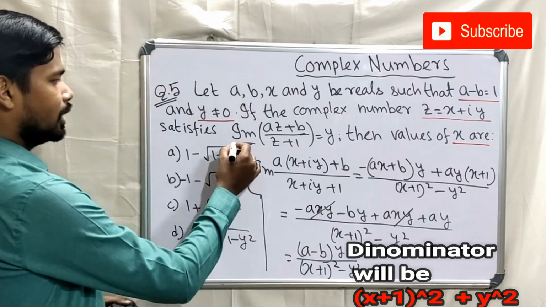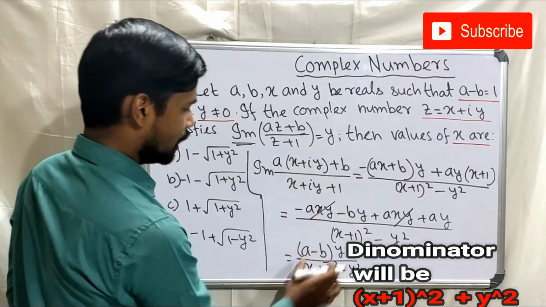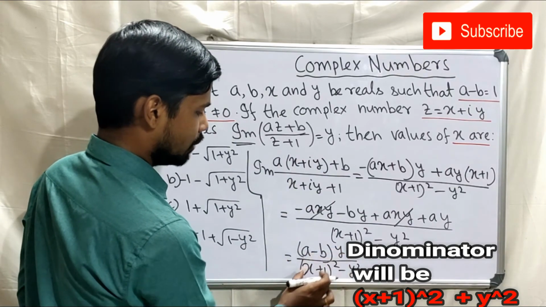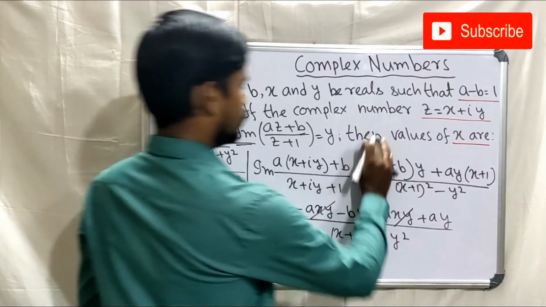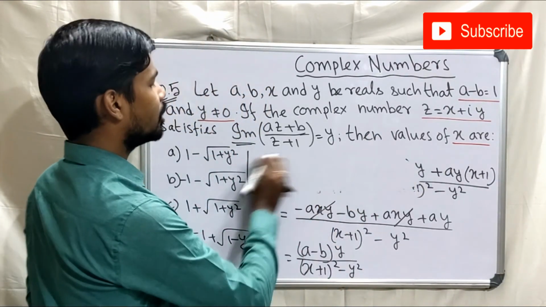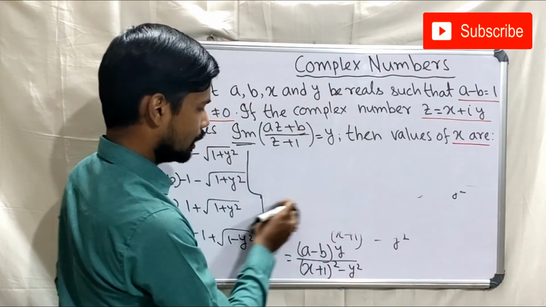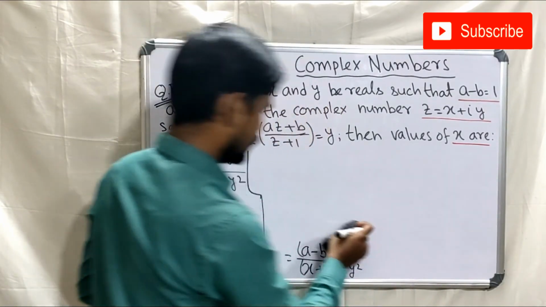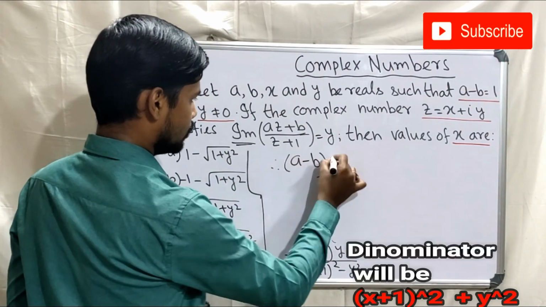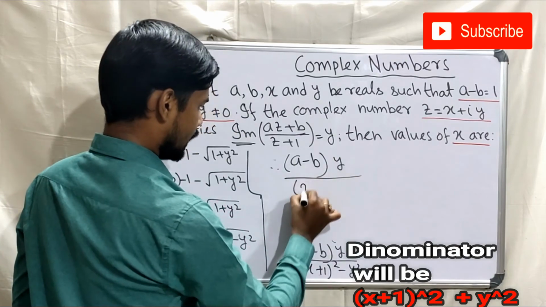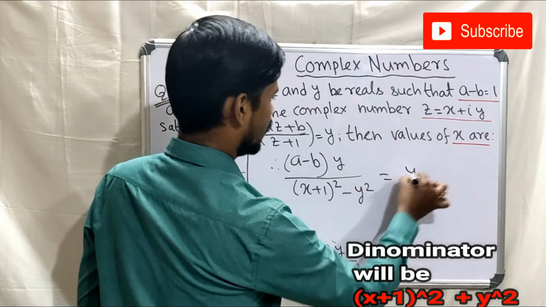Now by the given condition, the imaginary part of this number is equal to y. So the imaginary part gives us (a minus b) into y by (x plus 1) whole square minus y square, and we can equate the result with y. Therefore (a minus b) into y divided by (x plus 1) whole square minus y square equals y.